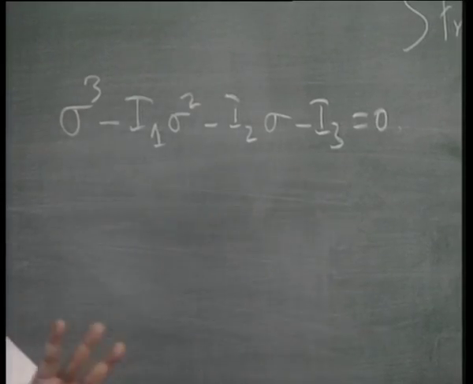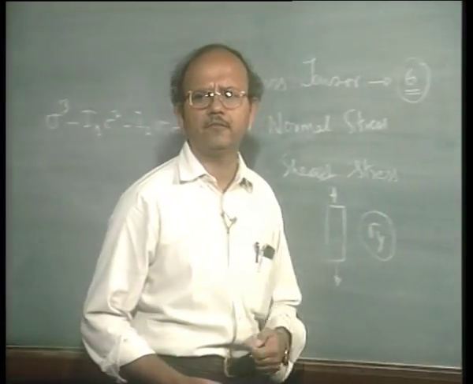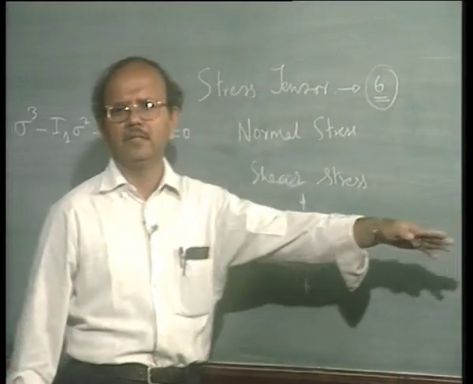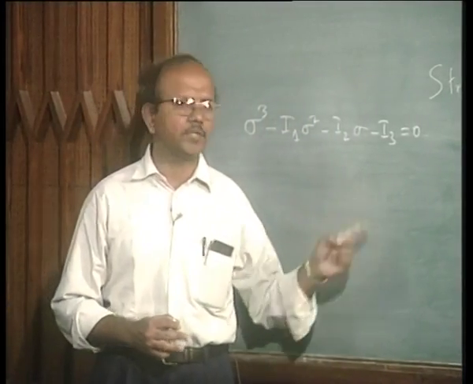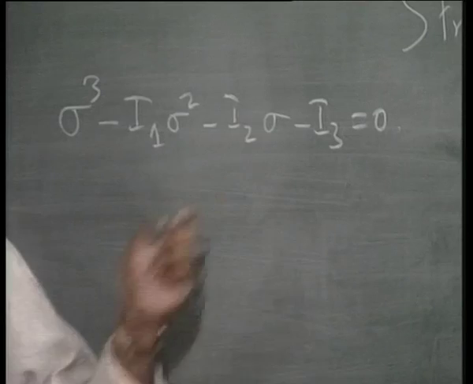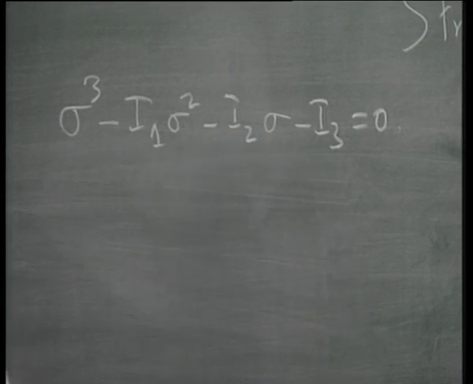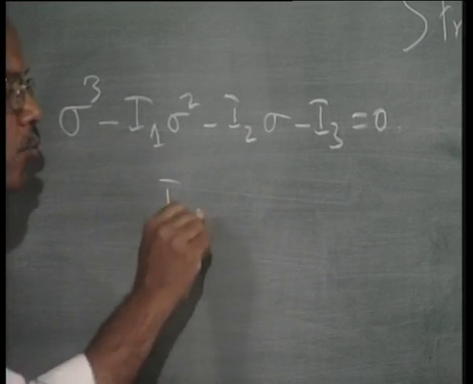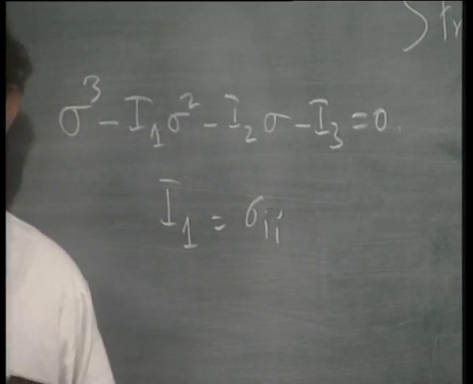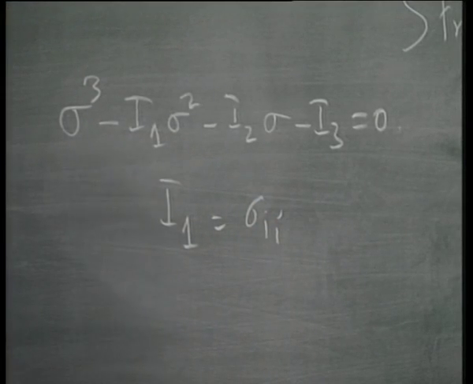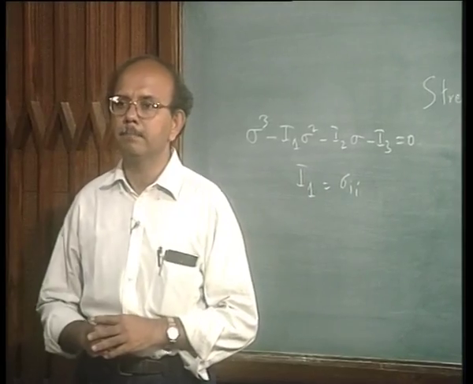Okay. Now what I have done is I have just left out some of the steps, you can easily fill them up. That determinant is now expanded and written. Okay, I get a cubic equation of this particular form, where I1 is equal to sigma ii. What is sigma ii? Trace of sigma, correct, trace of this matrix called sigma.